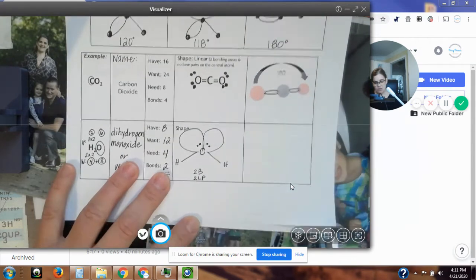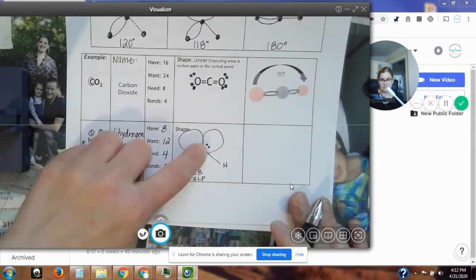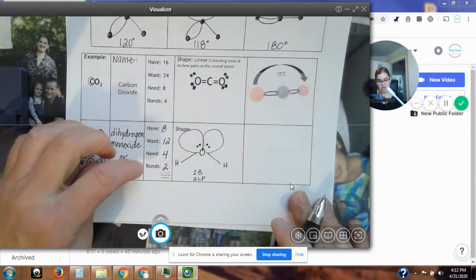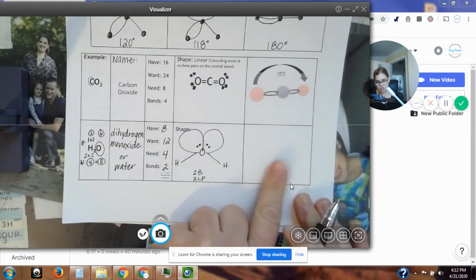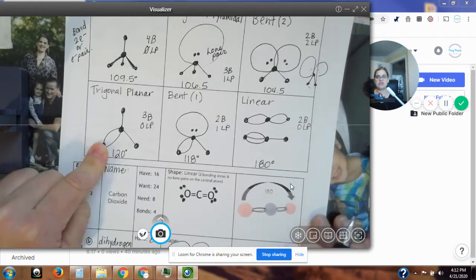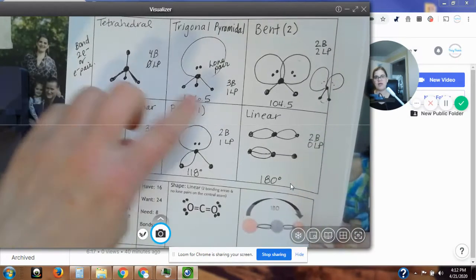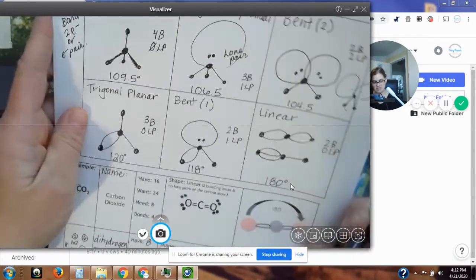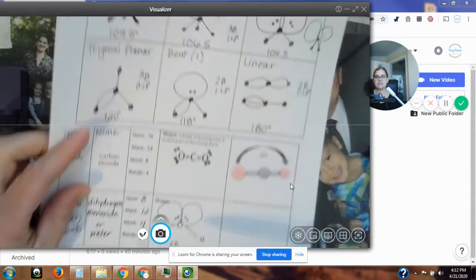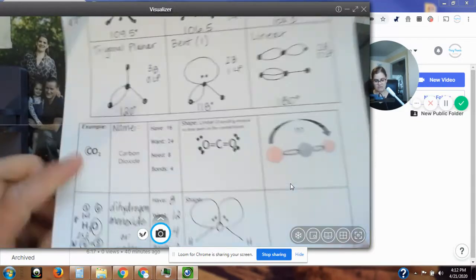Okay, so I sort of drew this one already in its shape. You may have drawn it straight across, and that's fine for a Lewis structure, but when we get to our final structure, we want to use the shapes that are up here. And honestly, as you practice these, you'll start seeing which ones you need to draw them as ahead of time. But it just takes practice. And so if we look at this right here, I'm going to fold my paper, I think.